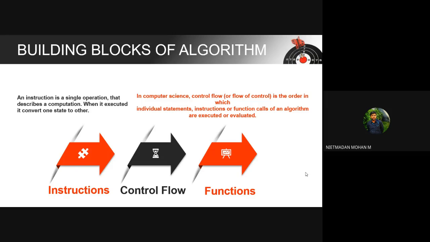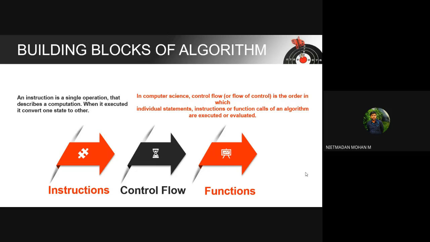And control flow is the order in which individual statements, instructions or function calls of an algorithm are executed or evaluated. Computer science people have heard about if else statements, switch statements, looping statements and so on. So that is control flow.